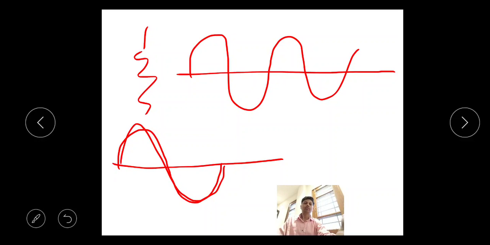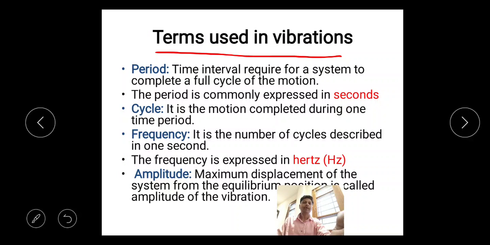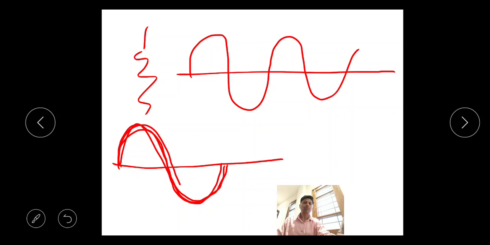Okay, then the time taken to complete this one cycle is called as time period. So the time taken or time interval required for a system to complete one full cycle. What is one cycle? See, this is one cycle.